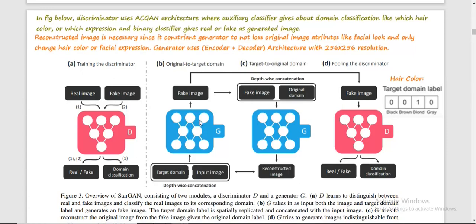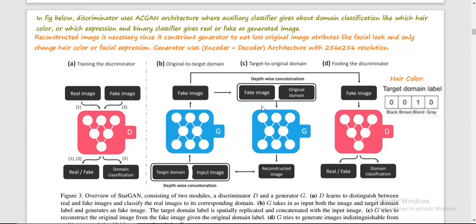The generator generates the fake image conditioned on the target domain, and it is provided to the discriminator, which produces whether the generated image is real or fake, and which class the generated image seems to belong to. It also produces the domain classification, and backpropagation happens: feedback is given to the generator on how it is doing, and also to the discriminator on how well it classifies those images. That's how this training works.